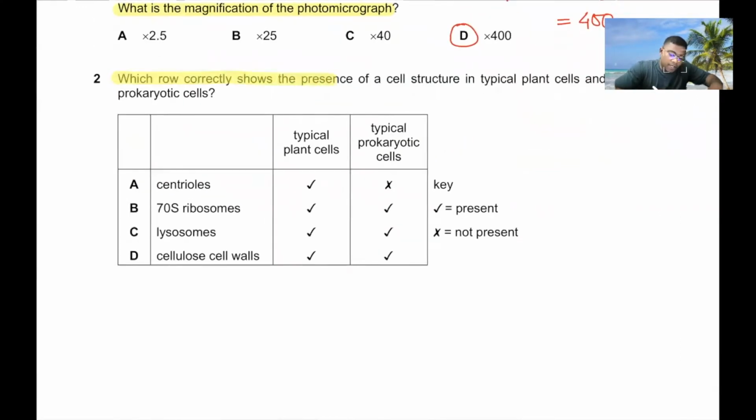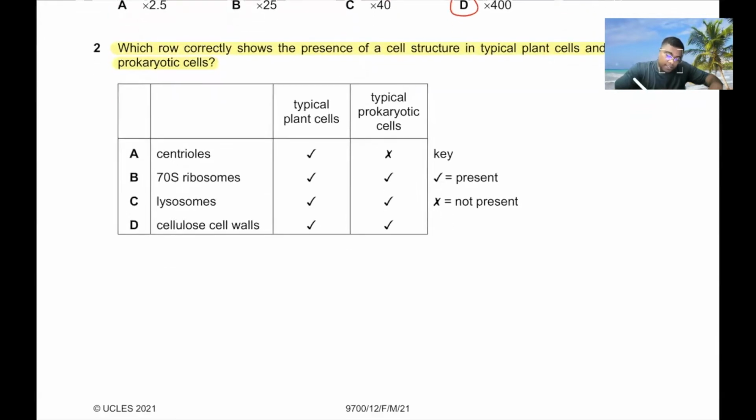Which row correctly shows the presence of cell structures in typical plant cells and in typical prokaryotic cells? In typical plant cells, we do not have centrioles.